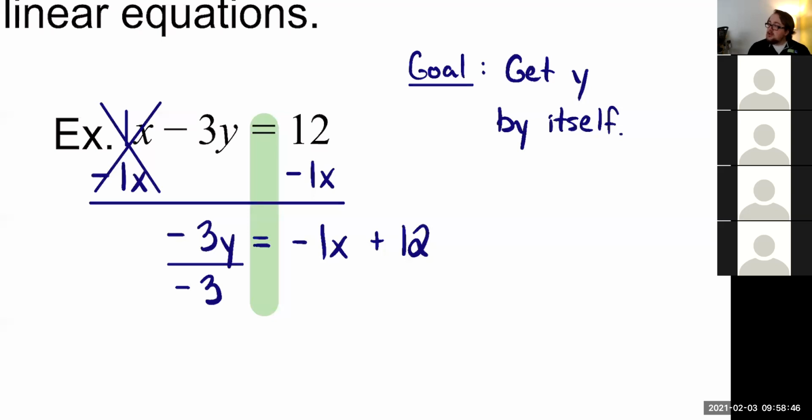Now, depending on who your math teacher is, they may first write it like this. I'm going to suggest against it. You may see some people say, well, I'm going to divide the entire right-hand side by -3. But what inevitably happens is they only divide one of those two terms by -3 and not both.